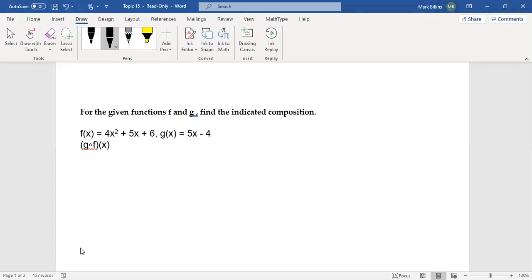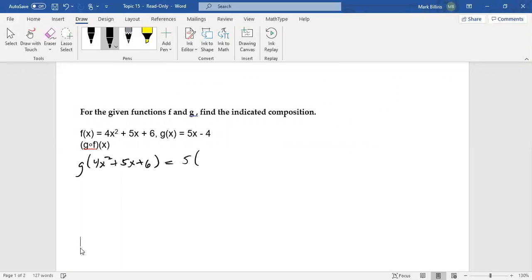So what does it say to do? Working from right to left, we take that answer, which is 4x squared plus 5x plus 6, and plug the entire thing into the g function for x. So now we're really finding g of 4x squared plus 5x plus 6. So that means that we substitute that in for the x.